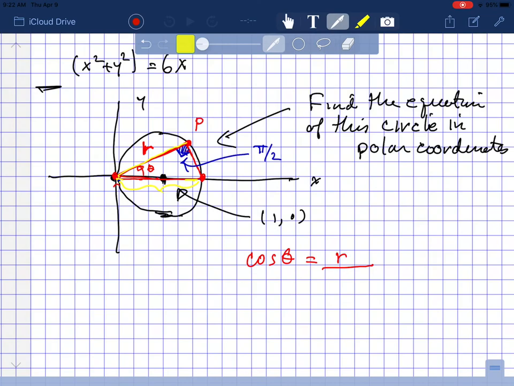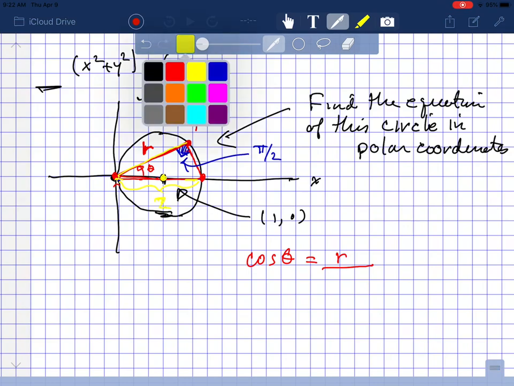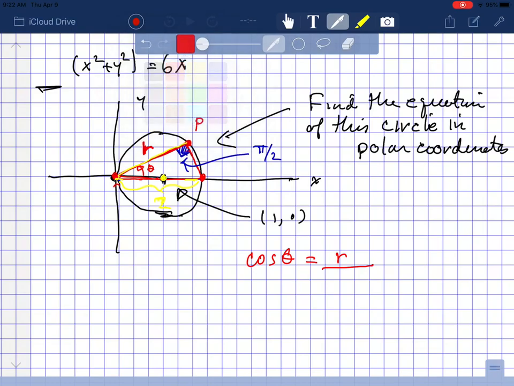And what is the length of that side? Well, the distance from here to here is 1, so the length of this side is 2 units. Yellow is not a good color because it is hard to see. All right, so I'll put the 2 there. The length of my hypotenuse happens to be 2 because it coincides with the diameter of the circle.